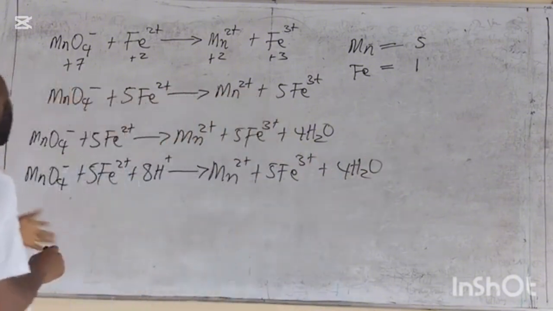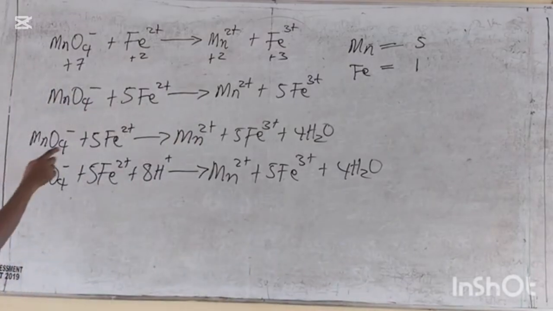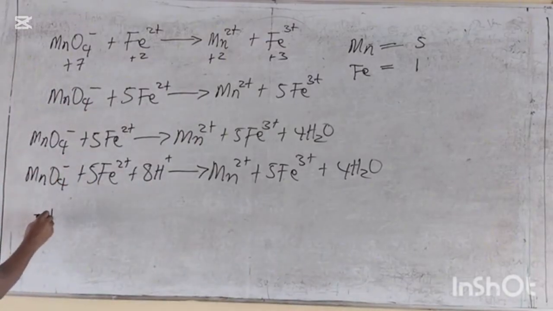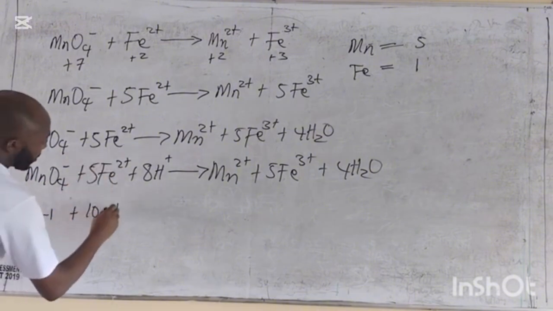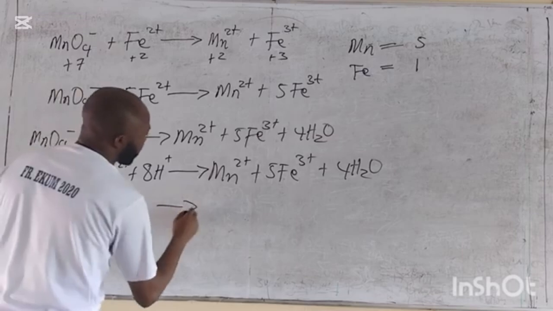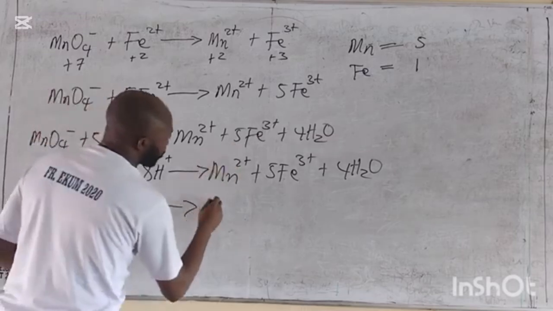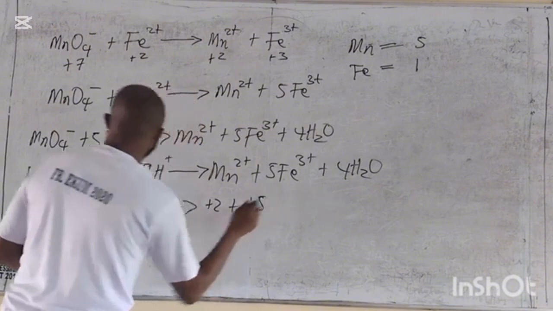Now, having gotten to this level, balance what? The charges. 1 times minus 1 is minus 1, plus 5 times 2 is 10, plus 8 times 1 is 8. On the right, 1 times 2 is plus 2, plus 5 times 3 is 15.